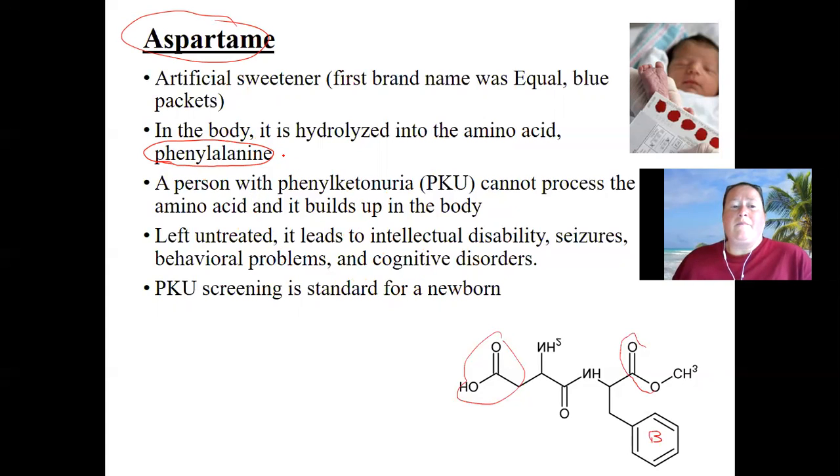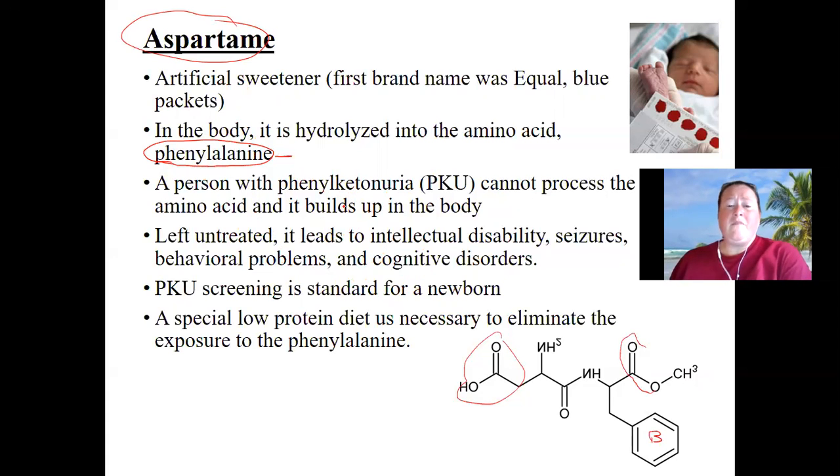So if a baby is diagnosed with this, they have to get a formula supplement that does not have this amino acid in it. It's a very specialized diet. And then throughout the course of their life, these individuals need to adhere to a low protein diet so that they're not being exposed to the phenylalanine.